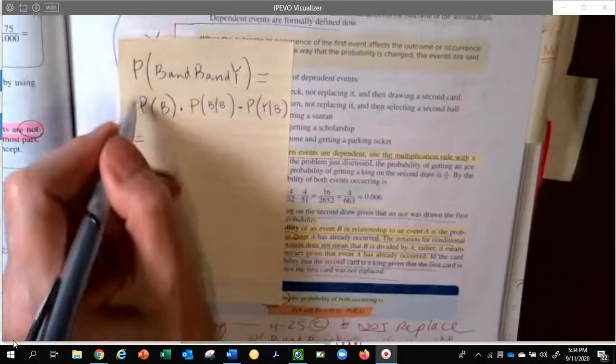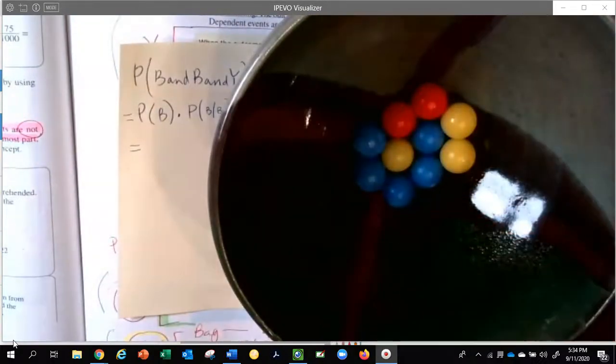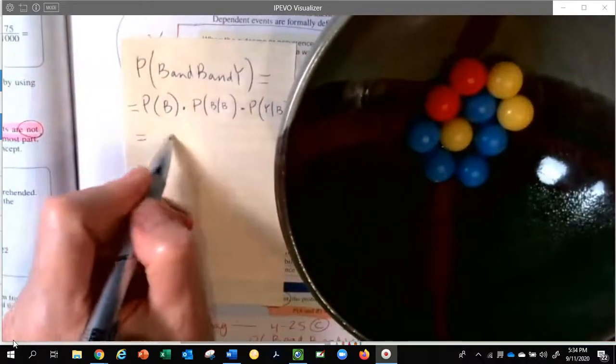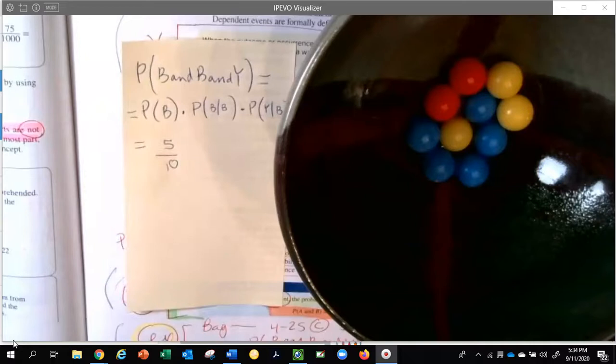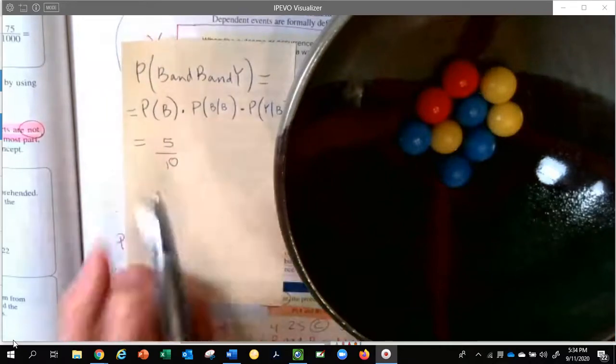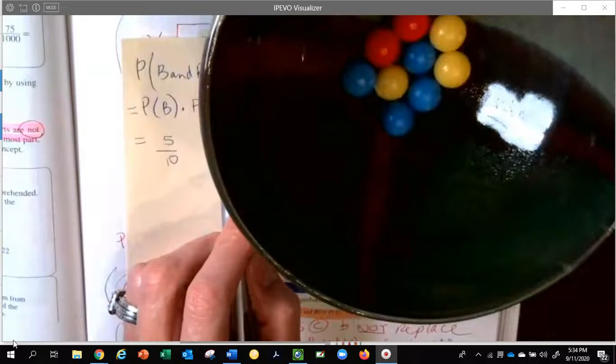In other words, I really like using this illustration, because let's go for the first one. I'm about to draw and try to get a blue ball, and when I stick my hand in here, I've got 5 out of 10 that are blue in this bowl. But I get the blue ball, given that we got a blue ball. Since I got it, now let's look what's going on in there.